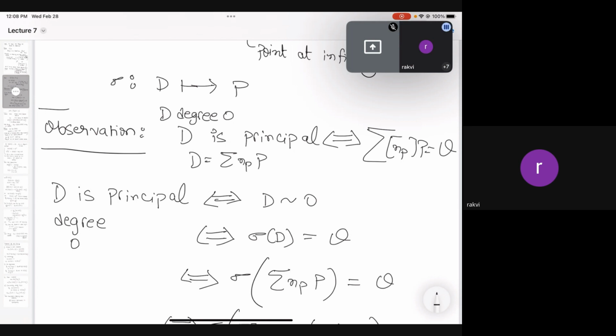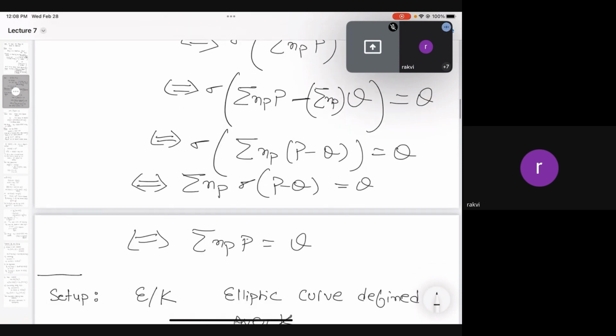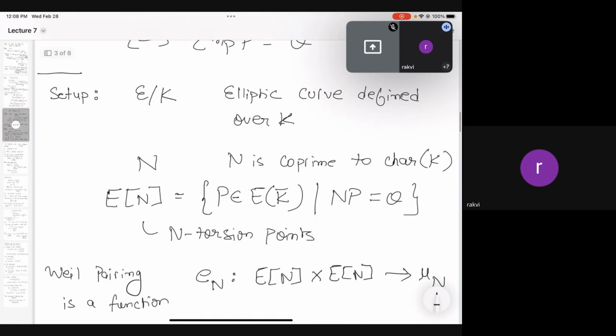For elliptic curves, what is nice is that, given a degree 0 divisor, to check whether it's principal, it suffices to check whether the actual sum is 0 or not. A divisor is a formal sum, so we forget that it's a formal sum and actually start adding the points like we add in elliptic curves. If they turn out to be 0, then our divisor is actually principal, which is quite neat and quite elegant. We use this quite a bit in our construction.